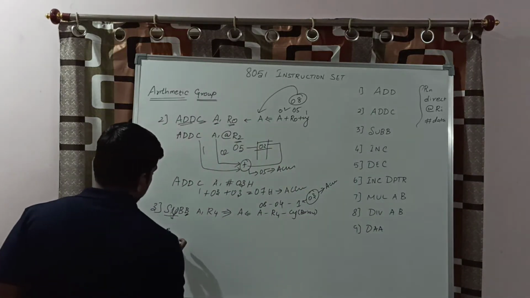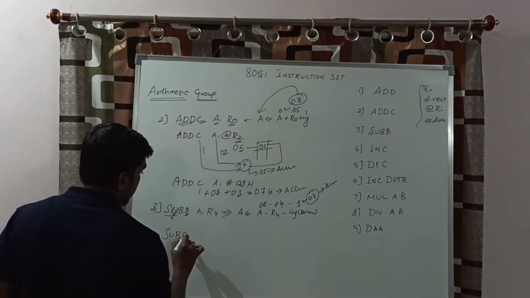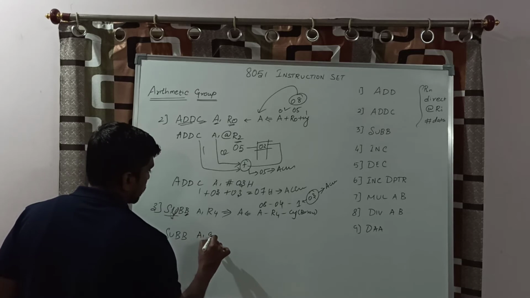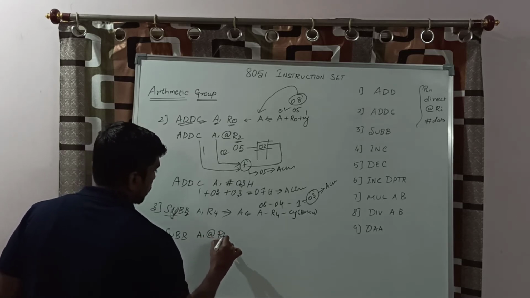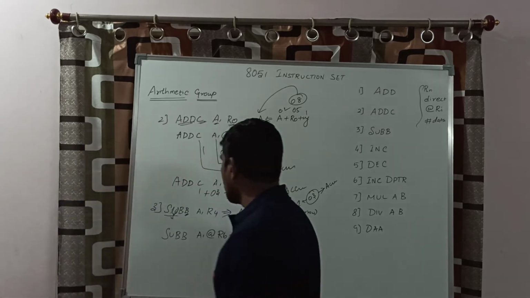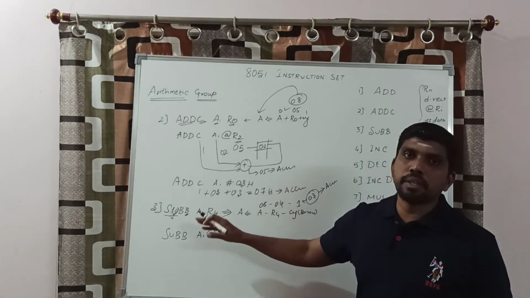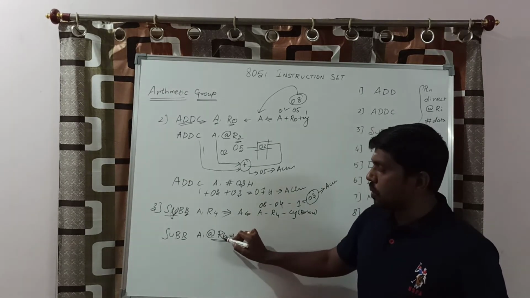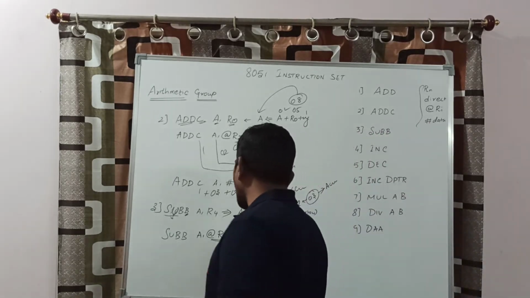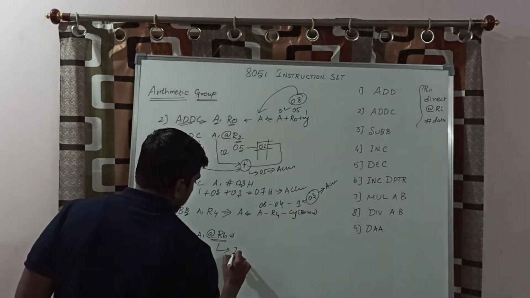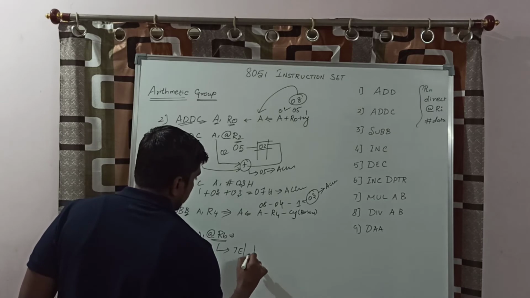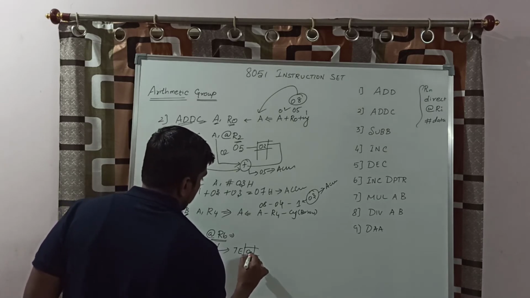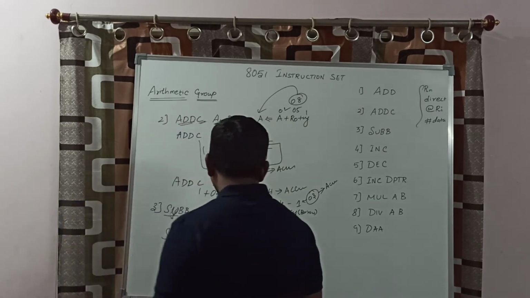The next one, SUBB A comma @R6. This instruction also performs the same function, but the data is taken from R6. R6 holds the memory location 7E. In this memory location, there is some data, 03.